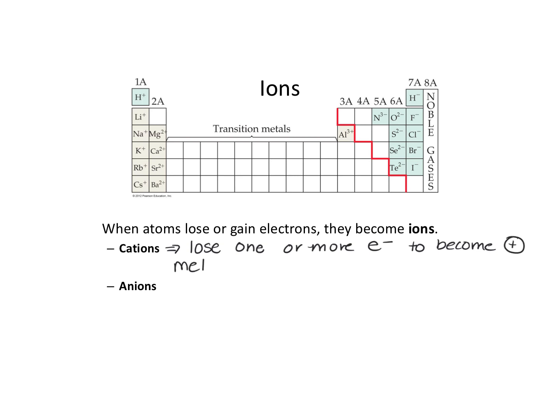And these are metals, right? And then anions gain electrons to become negative, right? And these are nonmetals.